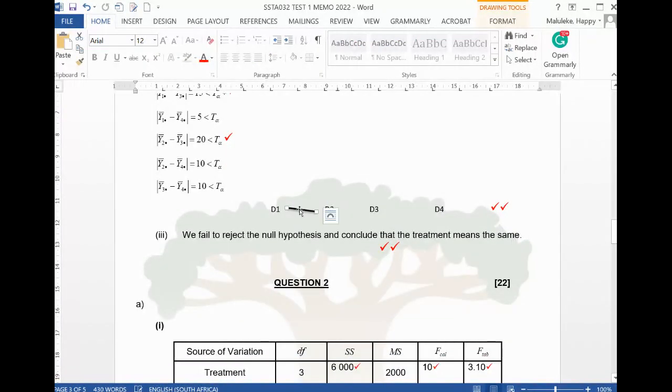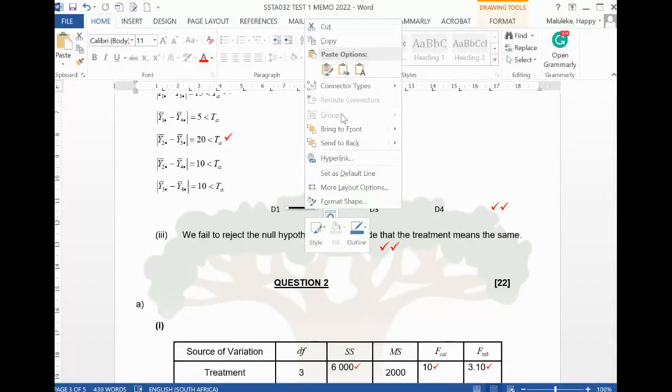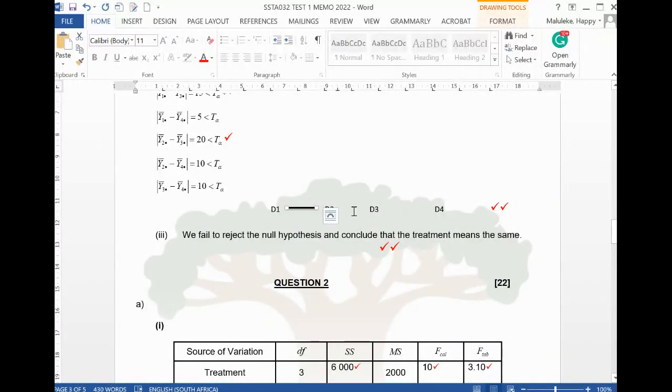This means you're simply saying that these means are the same. You just simply join the lines here. You're simply saying that all the means are the same.